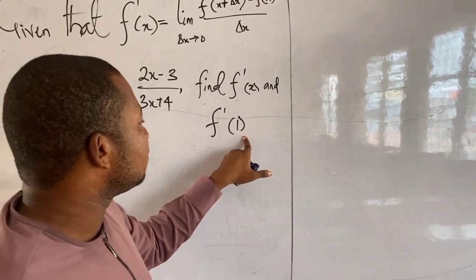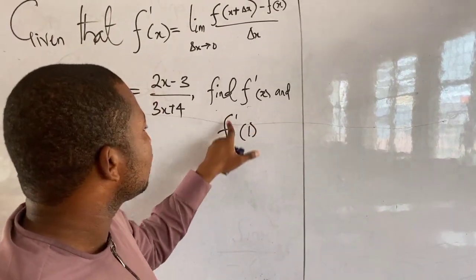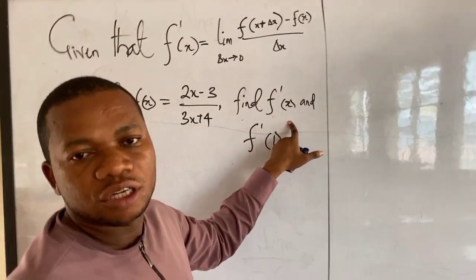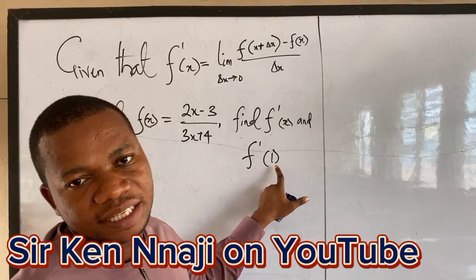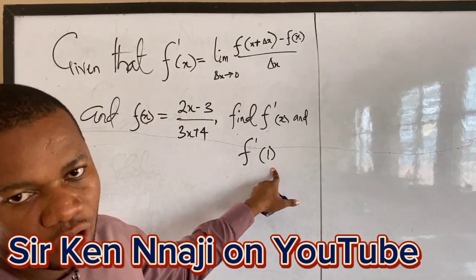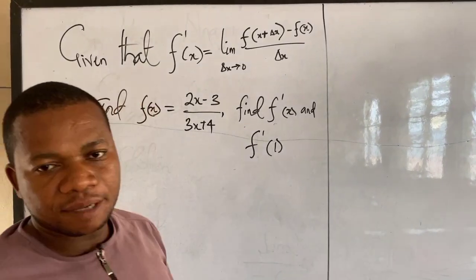This f prime 1 means that, of course, your f prime is already your dy dx. So f prime 1 means that anywhere you see x, substitute it for 1. It's as simple as that.